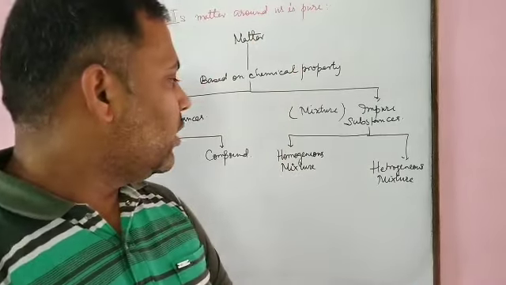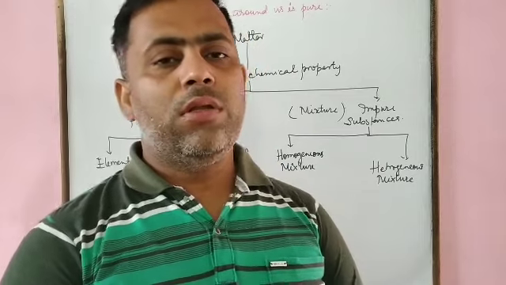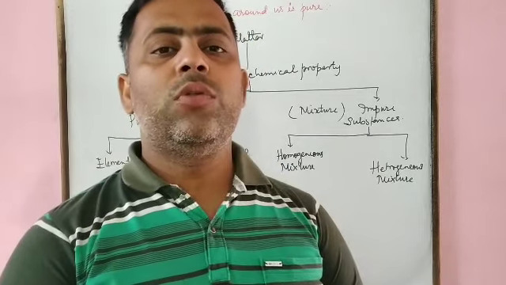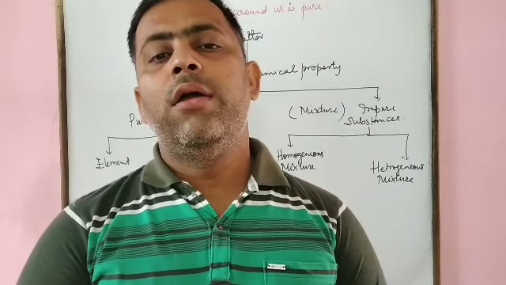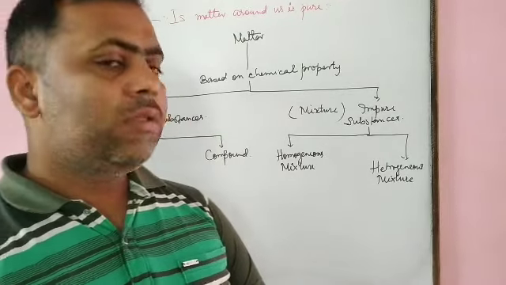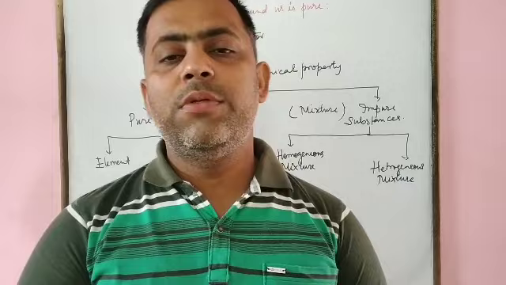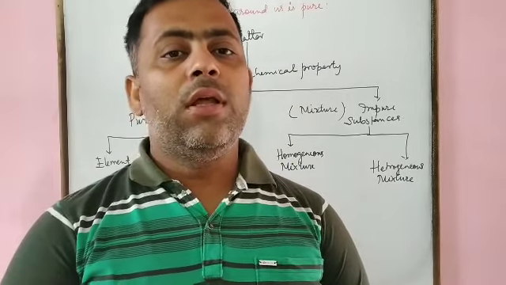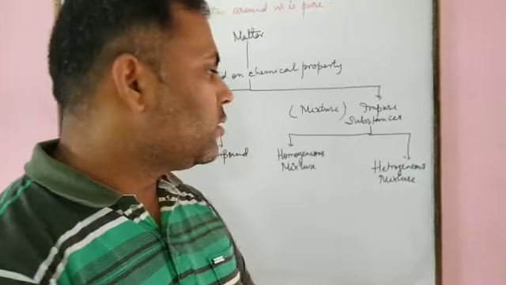As the name indicates, homogeneous means the composition is uniform throughout the mixtures. It means it has uniform distribution. To the next, heterogeneous mixtures, as the name indicates, hetero means different, geneous means the distribution. That means it has different distribution throughout the mixtures. That is termed as heterogeneous mixtures.